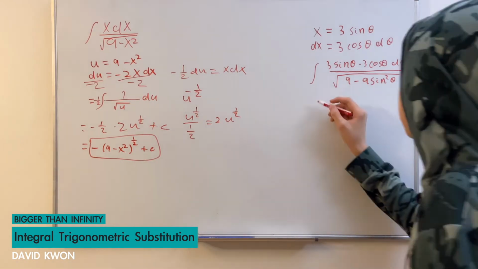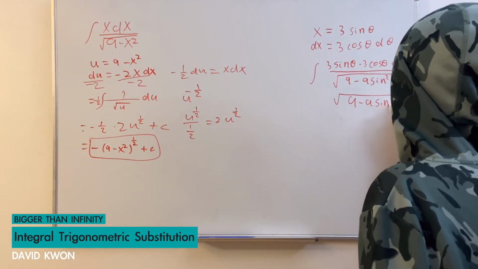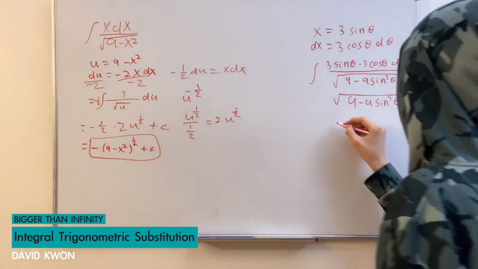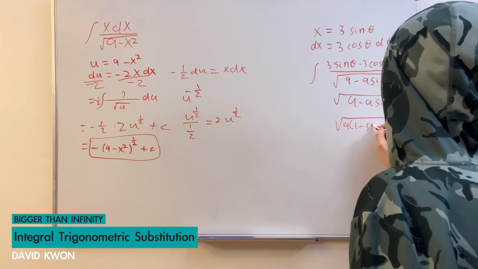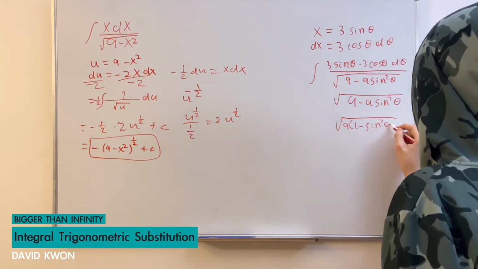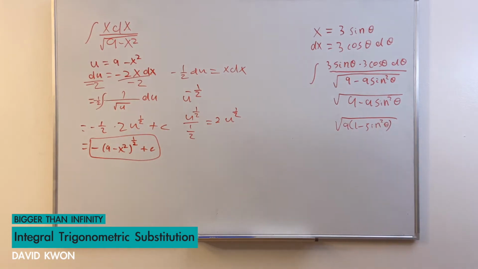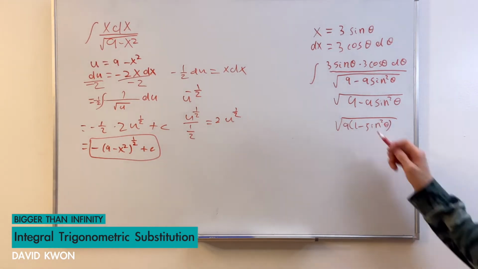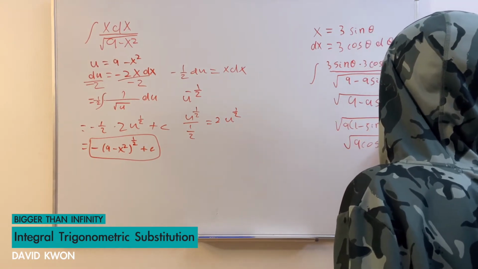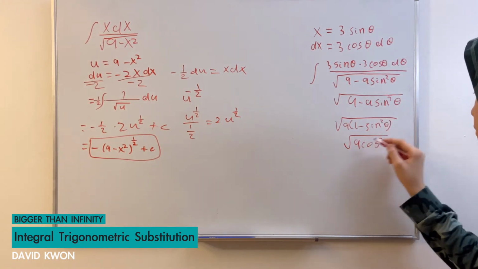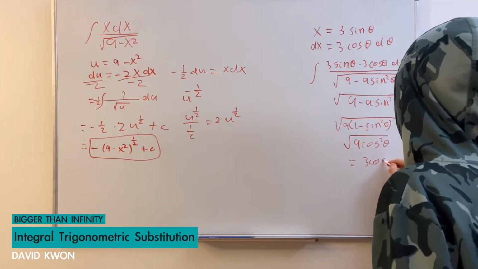The bottom, the square root of 9 minus 9 times sine squared theta, we can factor the 9 out. Then 1 minus sine squared theta, from the trigonometric identities, is cosine squared theta. The square root of 9 times cosine squared theta is 3 times cosine theta.